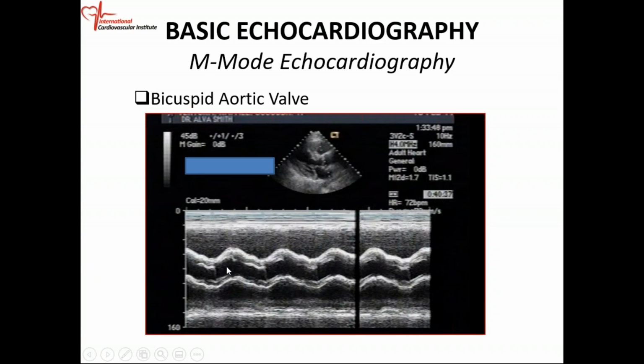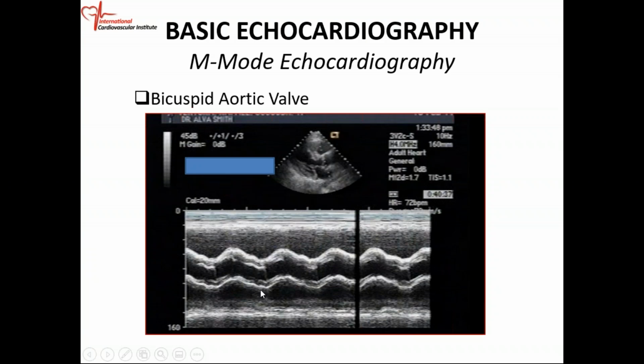But the thing that's very striking is the non-centered insertion of your closure line. Remember what we said about the closure line supposed to be in the center of this triangle configuration. You can see it's off-centered. It's not in the center.